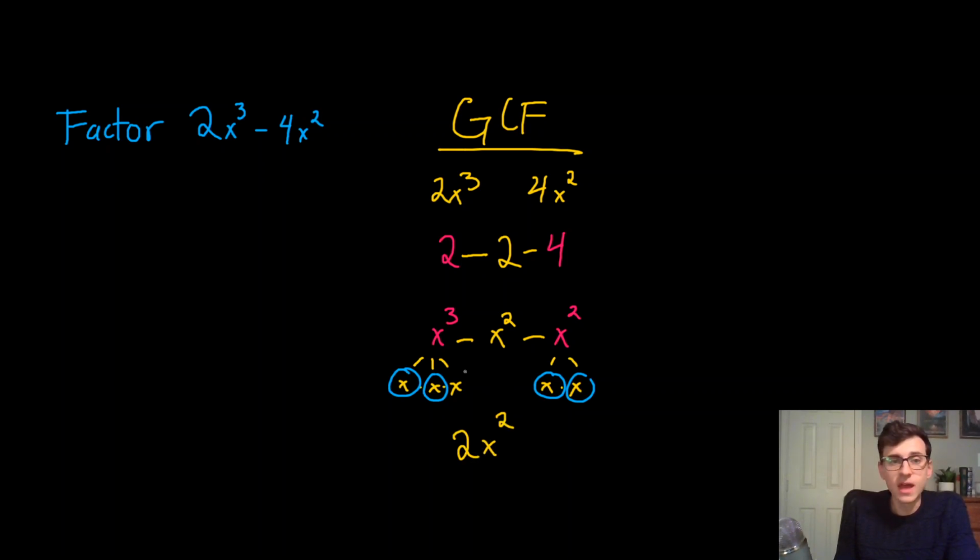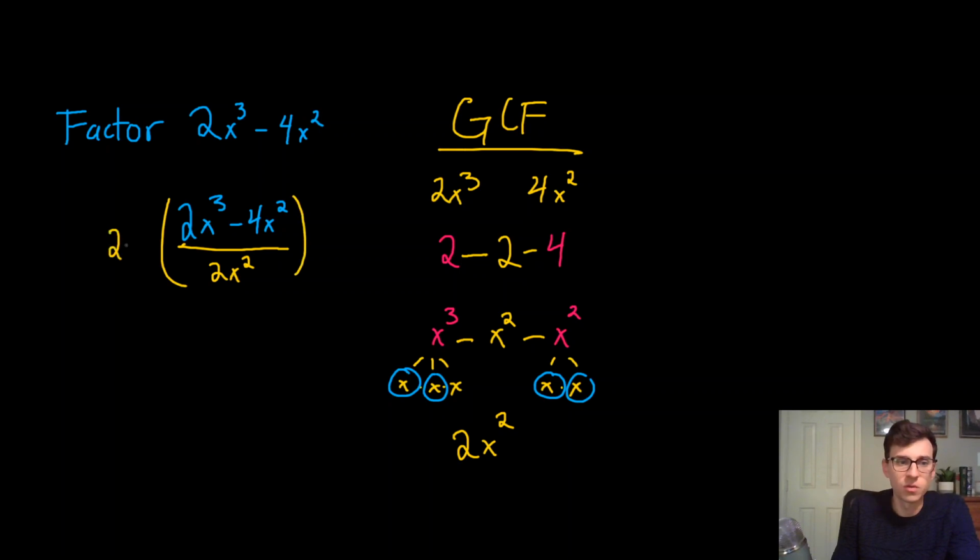Now to factor that out, I need to divide both of these by 2x squared. So again, you could kind of think of it in pieces. Let's think about it this way. 2x cubed minus 4x squared, we're dividing everything by 2x squared, and then we're multiplying by 2x squared so we don't change the value.